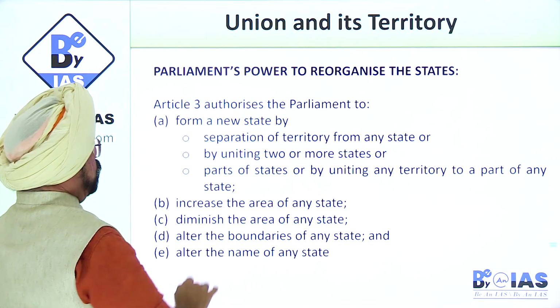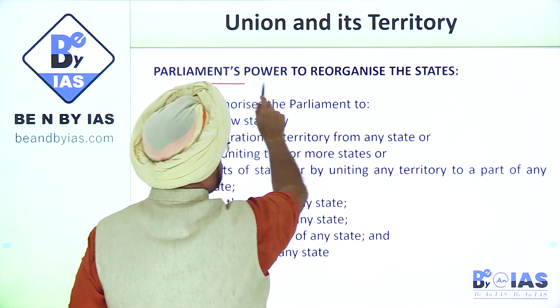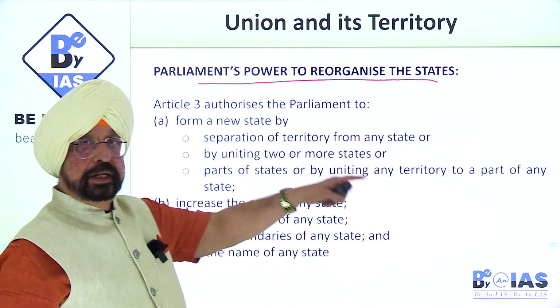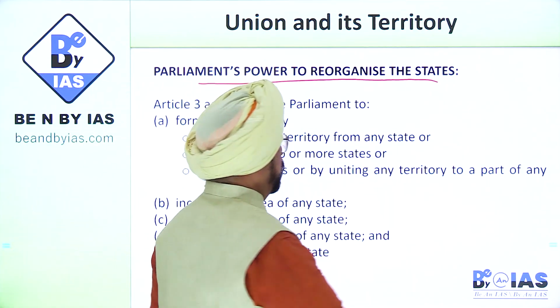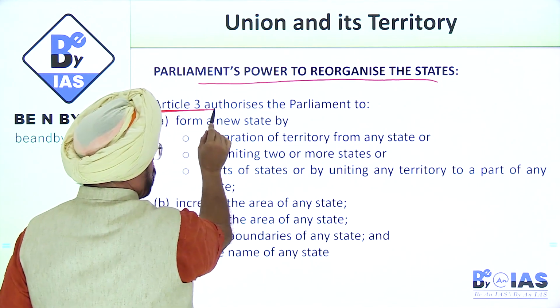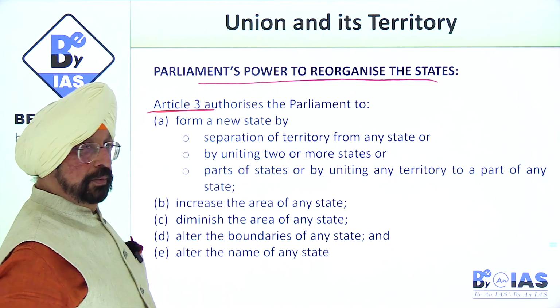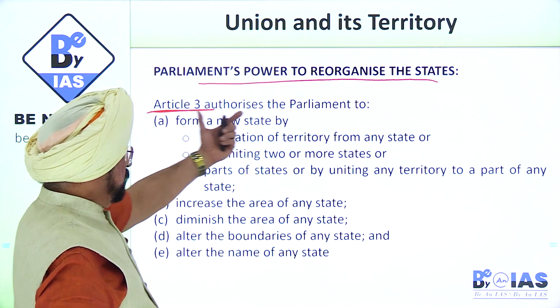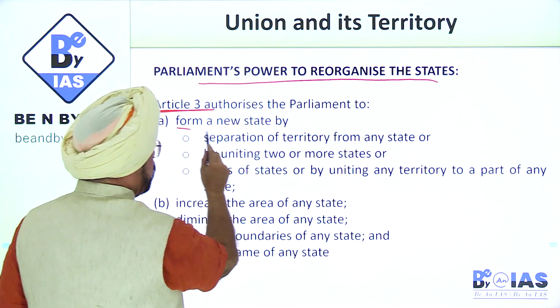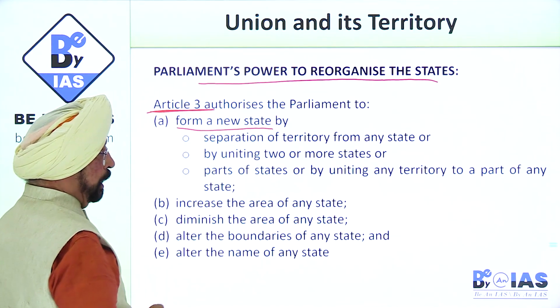Now we come to the Parliament's power to reorganize the states. We have seen this reorganization of the states where? In Article 3. So Article 3, what does it do? It authorizes the Parliament to form a new state. How?